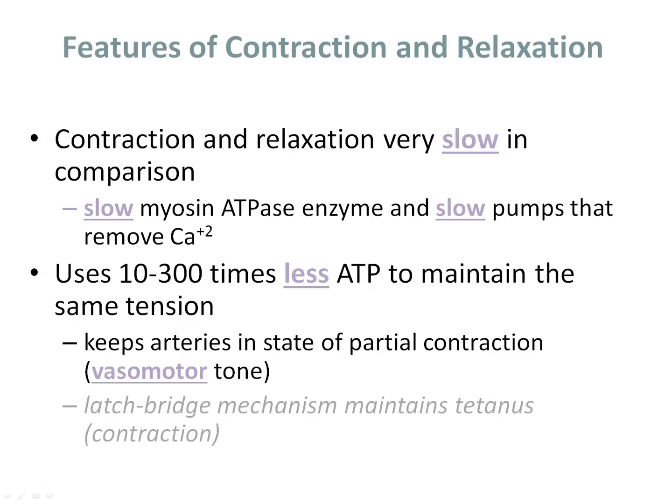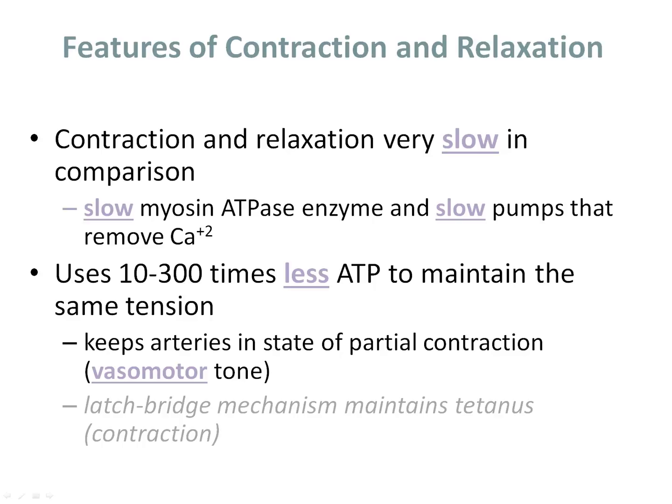This is because that engine, the myosin ATPase, is a very slow engine. It doesn't work very quickly. So it's a different variety than what we see in skeletal muscle. So we have a slow ATPase and slow pumps that remove calcium. So not only is contraction slow, but relaxation is slow.